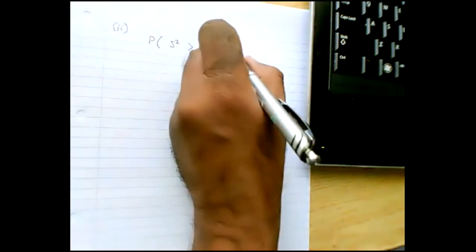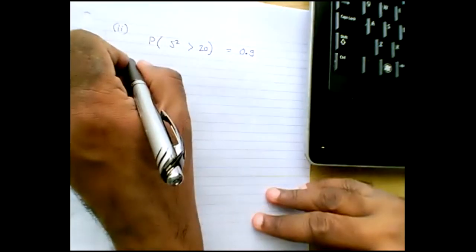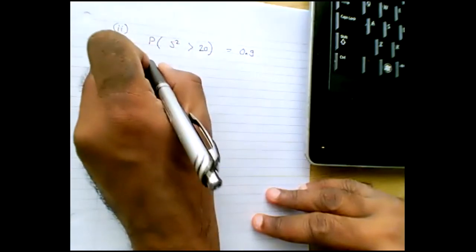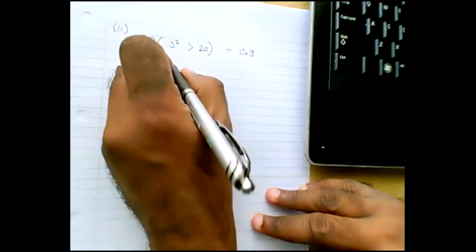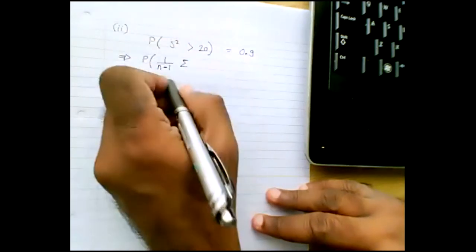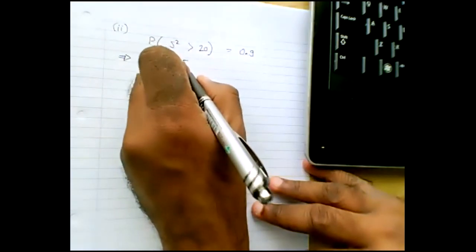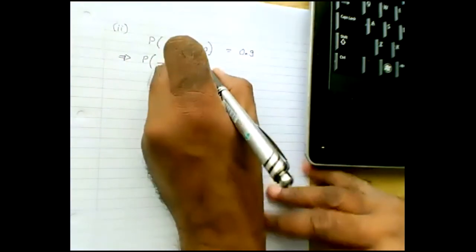So we want the probability that S squared is greater than 20 to be 0.9. Now this is same as saying that, once again I'm using the unbiased version of the sample variance, which is the preferred version.